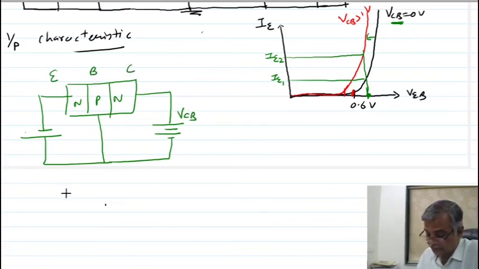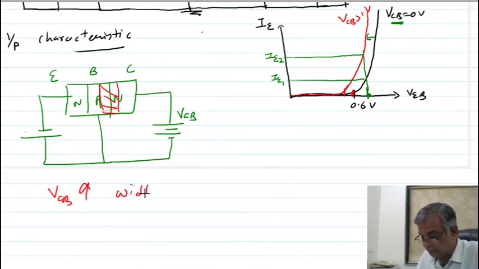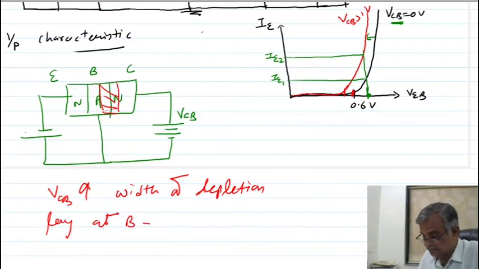When VCB increases, say from 0 to 2 volt, then the width of the depletion layer at this base and collector junction increases.